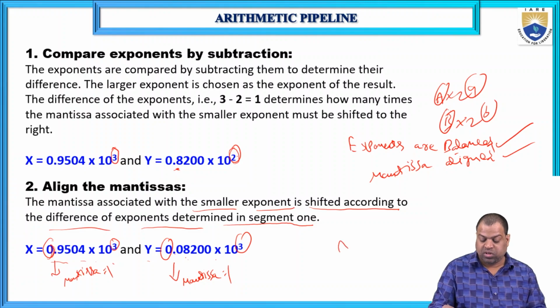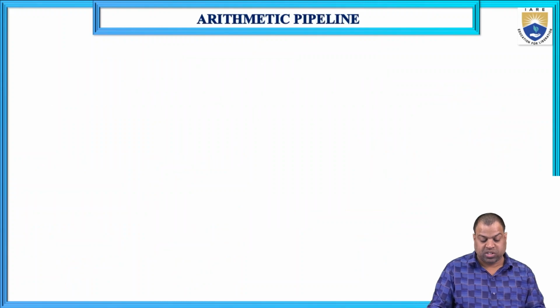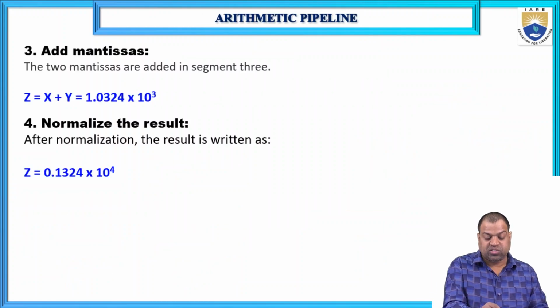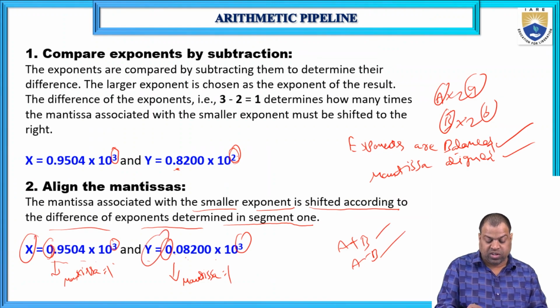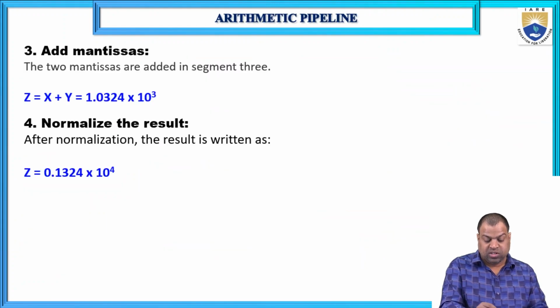Then we can perform A plus B or A minus B, addition or subtraction. So add mantissa. Z equal to X plus Y. We have to add, and we get 1.03. How are we getting that?